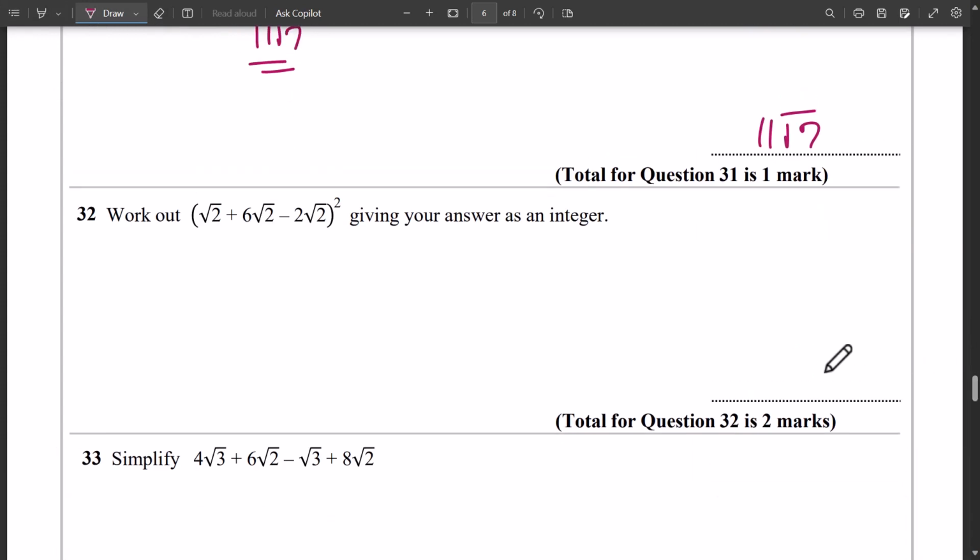And for this one, you are going to multiply this twice. It's not hard, but it may contain a bit of working. So let's really try that. We have root 2 plus 6 root 2 minus 2 root 2, and we're going to multiply that by another same bracket: root 2 plus 6 root 2 minus 2 root 2.